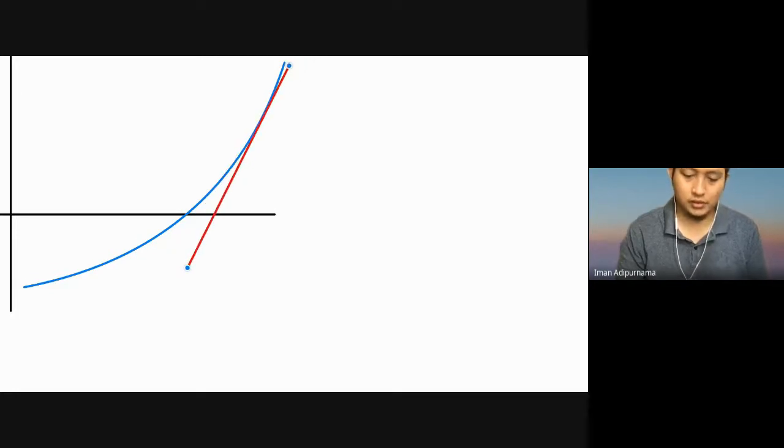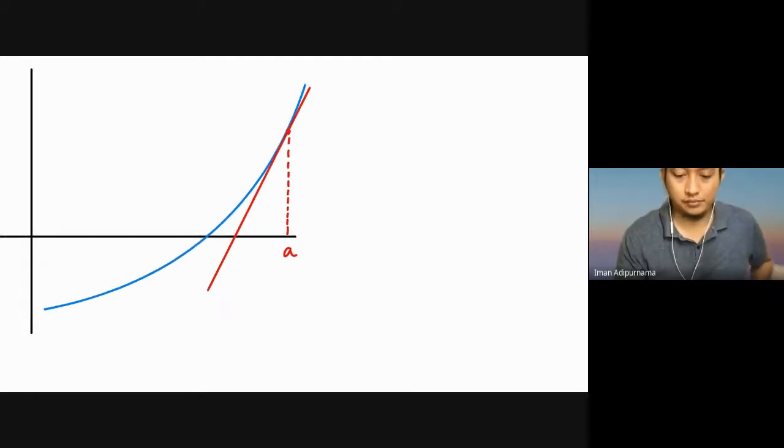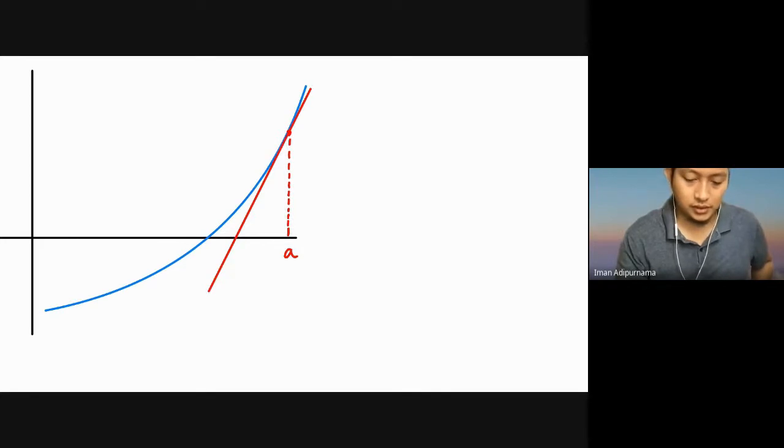Okay, the tangent line is at this point here. Let's say this is our a, like the previous one. Let's say this is y equals f of x. And let's say this is our tangent line.